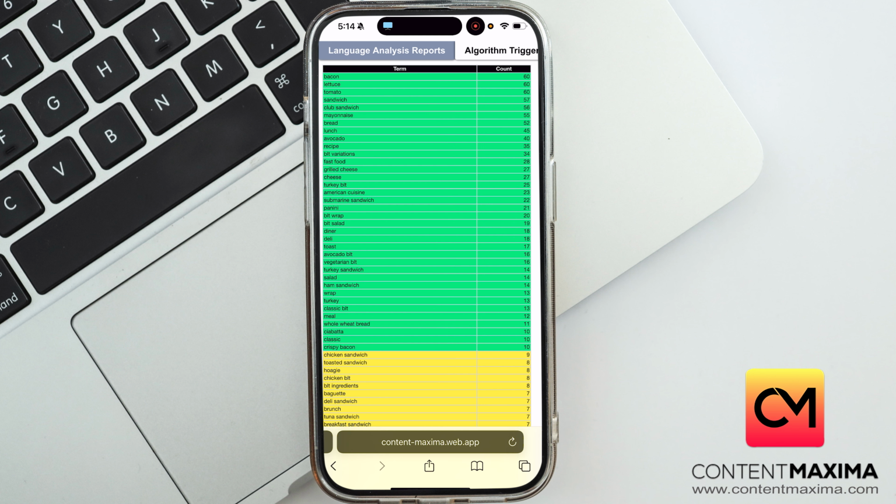If you use this data, you will literally bend all of the algorithms, all of AI in your favor. They will understand what you're talking about because these are the precise words they're expecting to hear and to see when you're discussing a BLT sandwich.